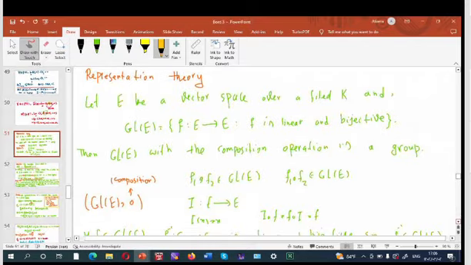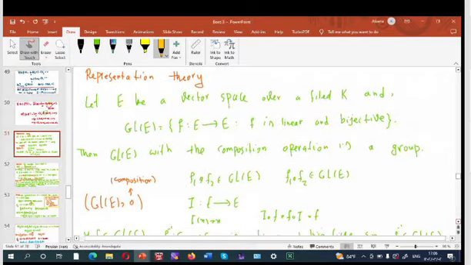Now we recall this representation as the left regular representation, λ_G from G to GL of ck of G, by this function rule: for any f in ck of G and for any g and x in G, λ_G(g) of f of x equal to f of the inverse of g multiplied by x.